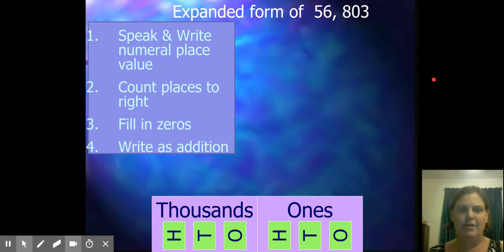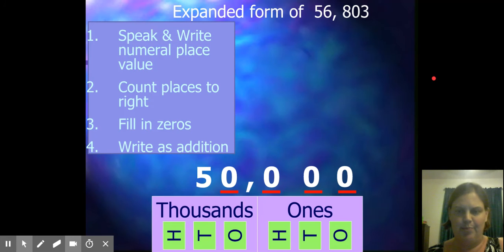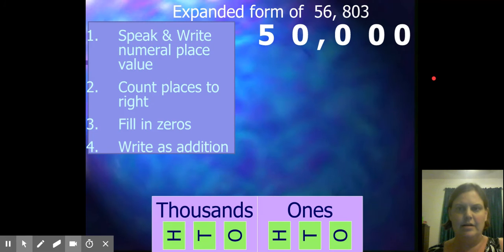Right, I'm going to speak and write the numeral place value. So I have 56, except for I really just want the single digit. So 50,000, 50,000, and I have all of those zeros that I need to fill in. 6,000.